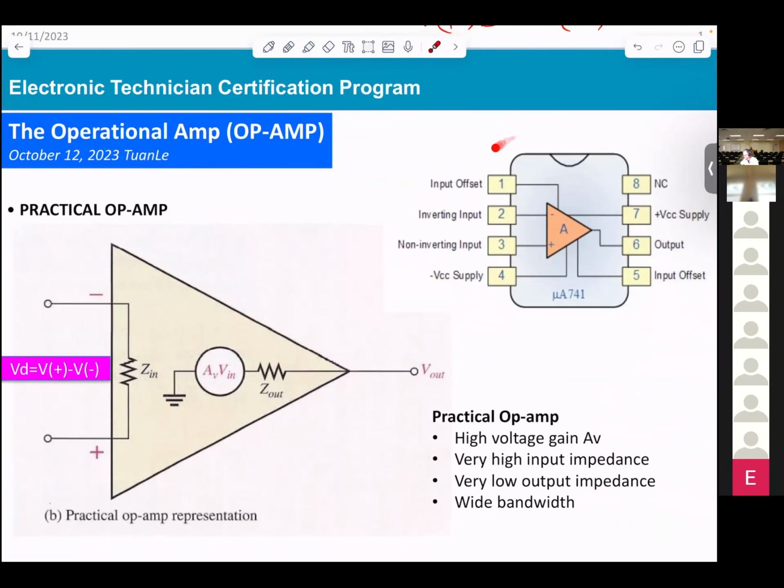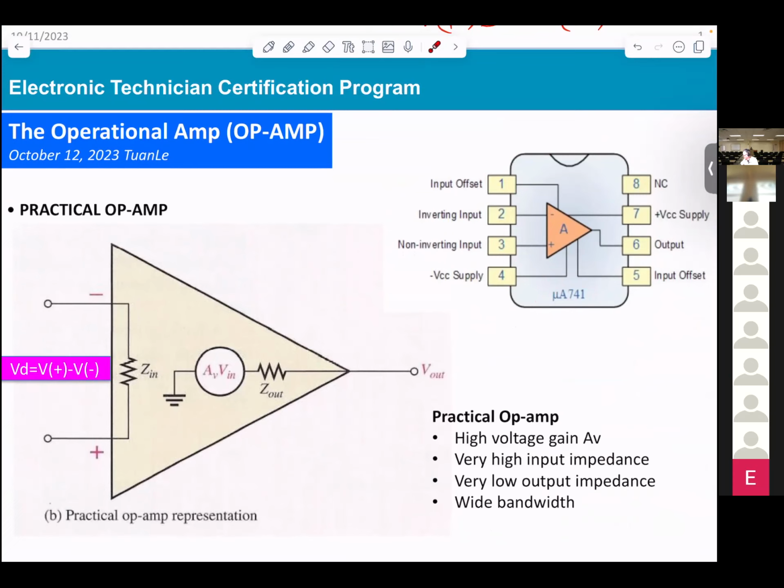You see this is the IC you're working with, the 741 op-amp. It has pin number 1, 4, up to pin number 8.